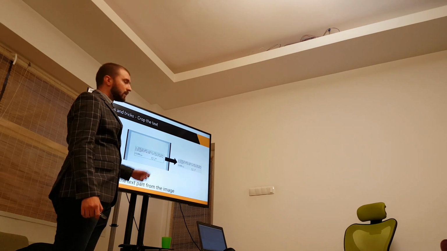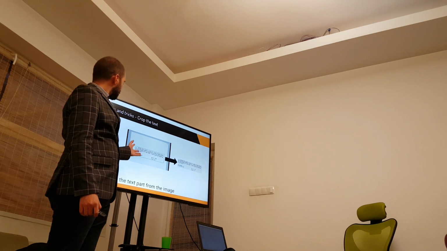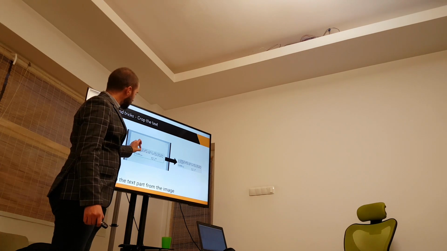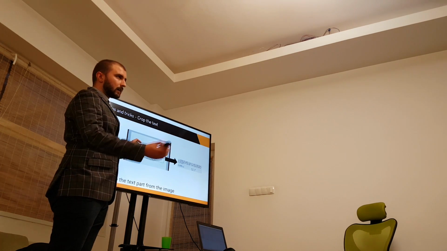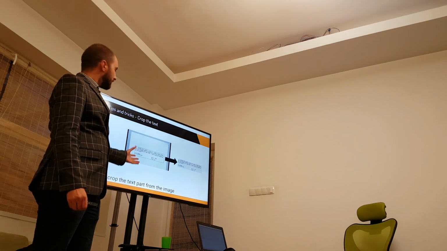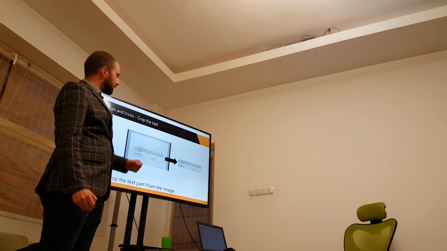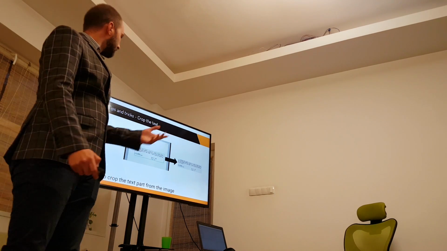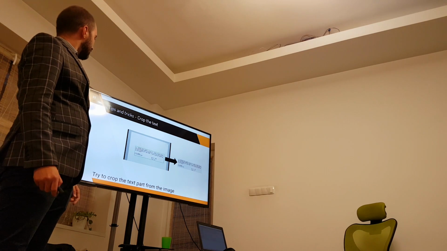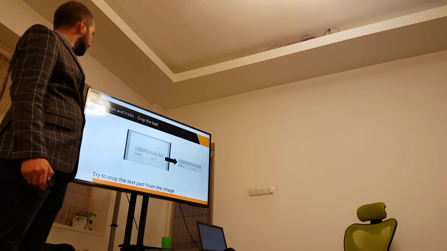You need only the text part. So maybe you can do something to distort them, as I explained before, and try to get exactly this part from the image and then apply the OCR algorithm on it.